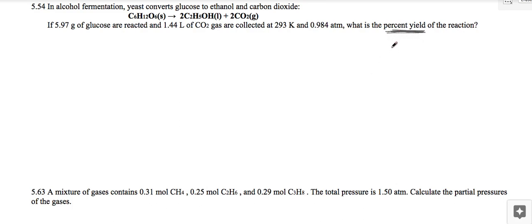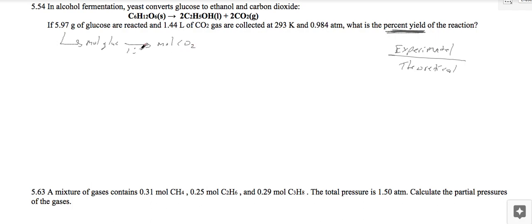Remember, the percent yield is the experimental over the theoretical, and the theoretical is what gets calculated by doing all of this work. I'm not going to go through this entire process here. We take our glucose and convert that into moles of glucose, then into moles of carbon dioxide.